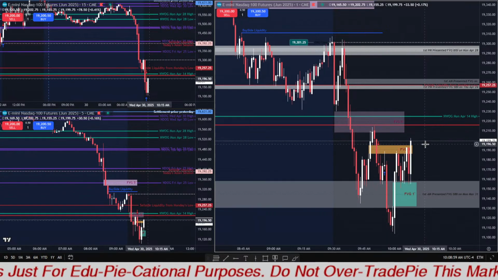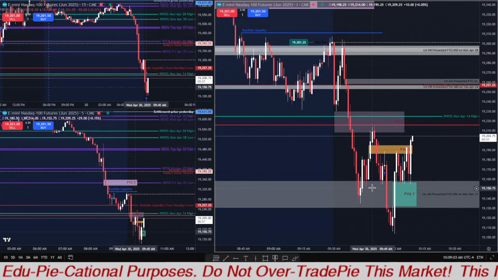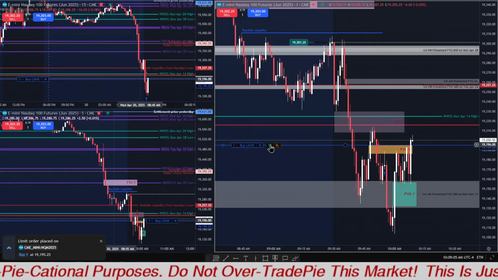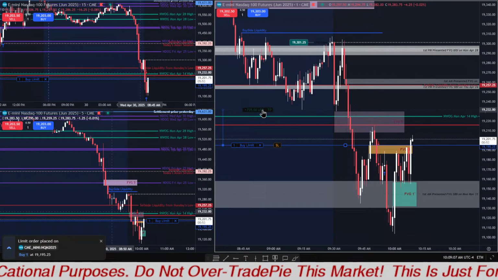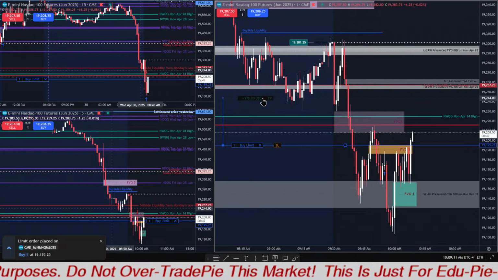If we close above this candle, okay, now I put a buy limit for this position and set my target for going higher.